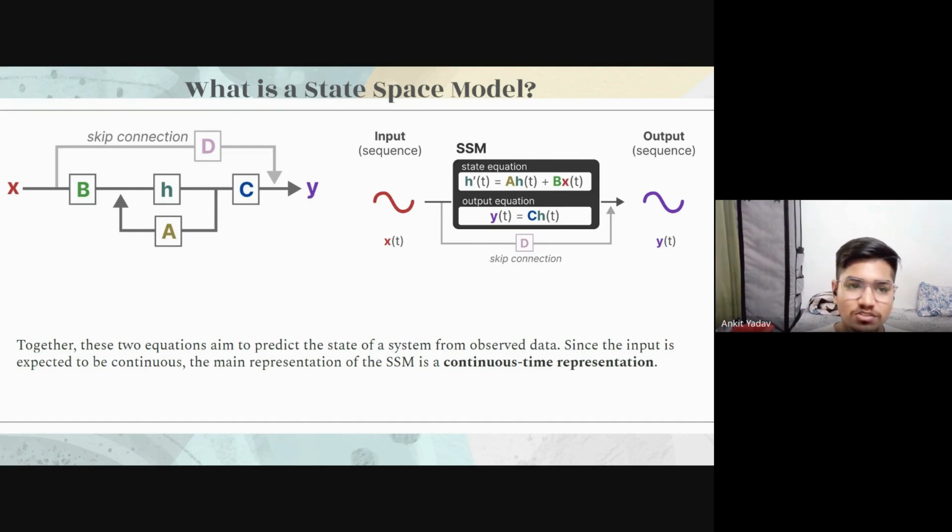But this thing is not here right now. This is just time dependent, and we can't calculate anything on the basis of time. We have to chunk it into something, like for an image it is pixels, and for a sentence it is words. So now it's time for discretizing this continuous equation.